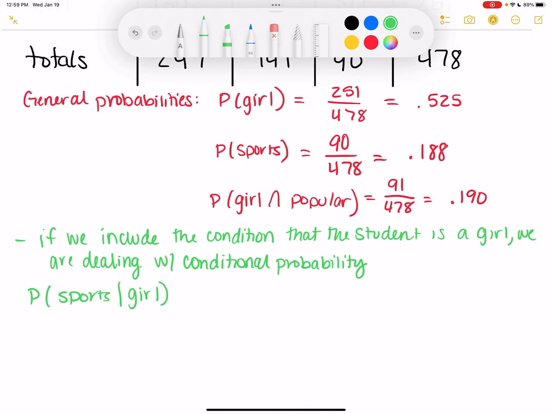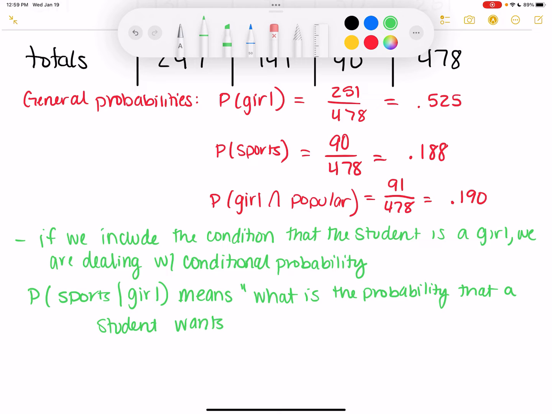So the probability that they want to excel at sports, given that they are a girl, so let me write this out. So this means, what is the probability that a student wants to excel in sports given that they are a girl?